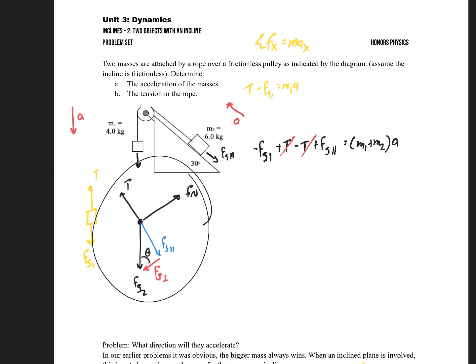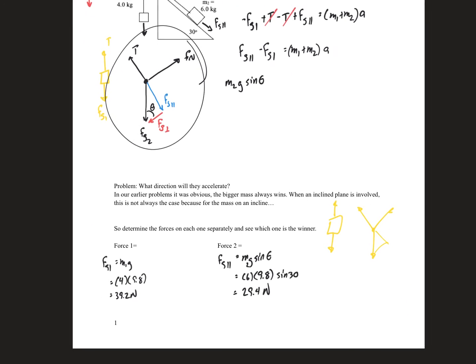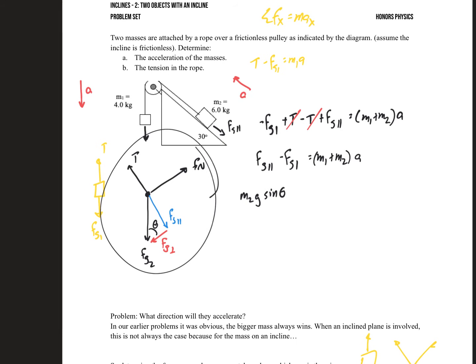Let's clean this up a little bit. We have FG parallel minus FG1 equals (M1 plus M2) times A. We can start plugging these in. FG parallel is M2G sine theta, minus M1G.